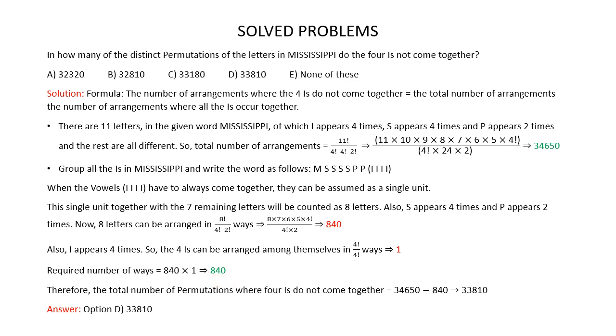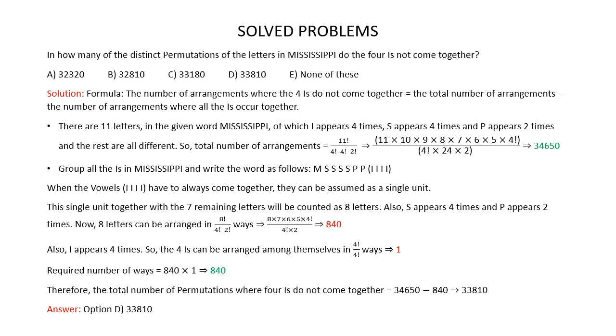Now we have found out that the total number of arrangements is 34,650 and the number of arrangements where all the I's occur together is 840. Substituting these two values in the formula here, we get the total number of permutations where the 4 I's do not come together is equal to 34,650 minus 840, which is 33,810.